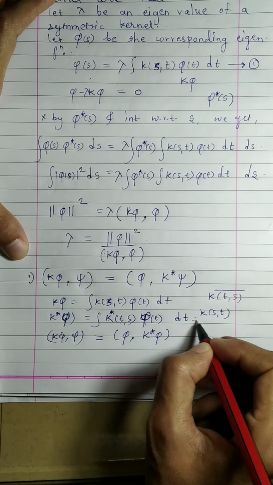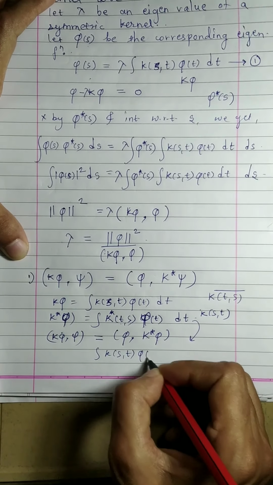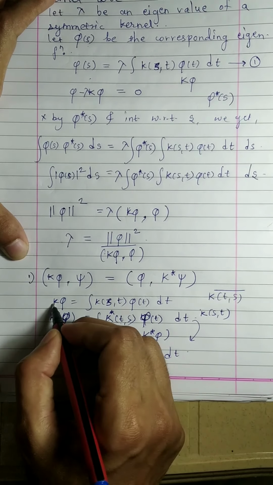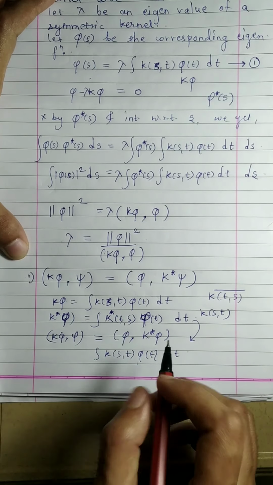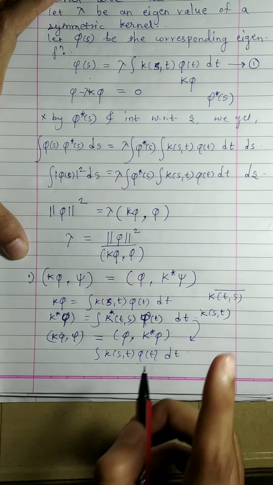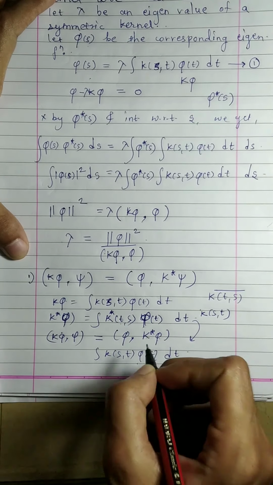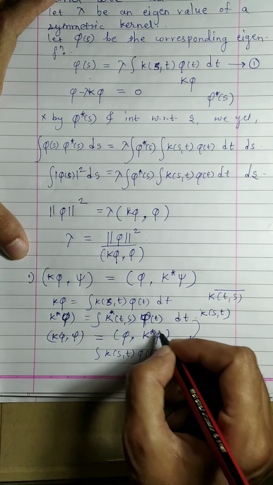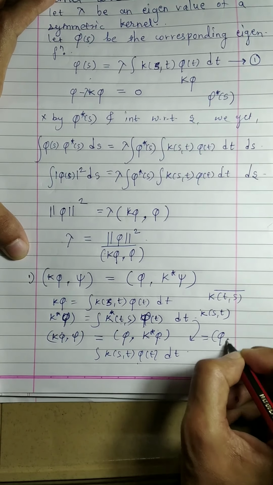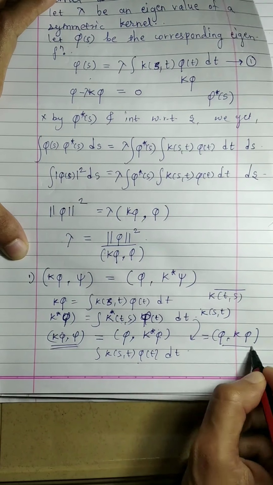So this becomes the integral of K(s, t) phi(t) dt, which is nothing but K phi. So if K(s, t) is a symmetric kernel, then K star phi becomes equal to K phi. Therefore this is equal to the inner product of phi with K phi. Hence we got that this is equal to this.